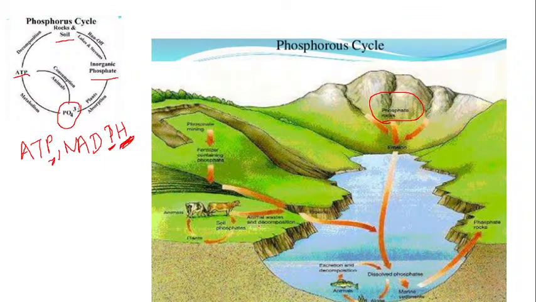Coming to land animals, the animals eat the plants and it will be recycled after death. This is known as the phosphorus cycle.